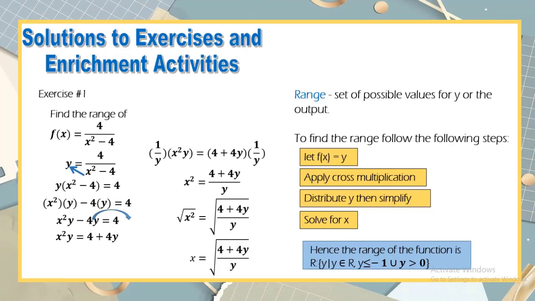Okay, so for our range, y such that y is an element of real numbers and y is less than or equal to negative 1, union y is greater than 0. It means that 0 is not part of our range, as well as numbers which are greater than negative 1 and less than 0 are not part of our solution for our range.